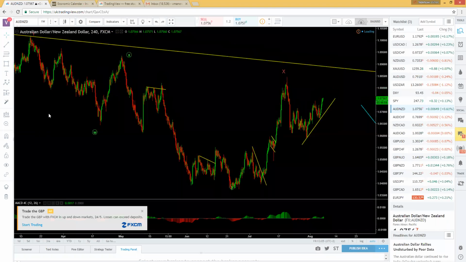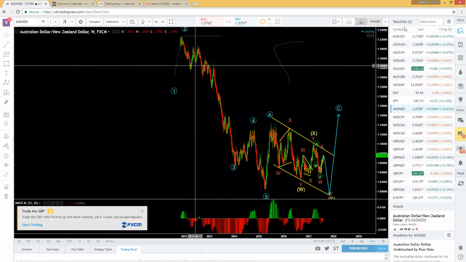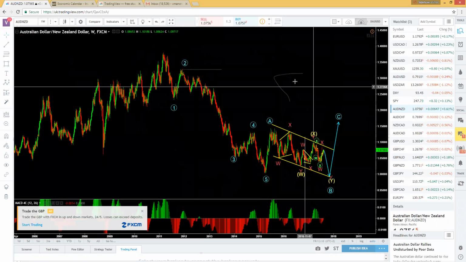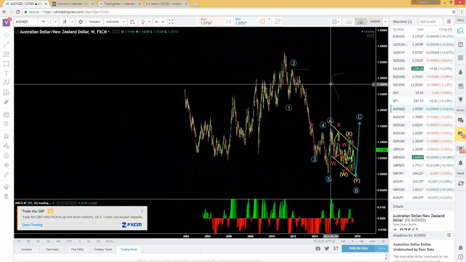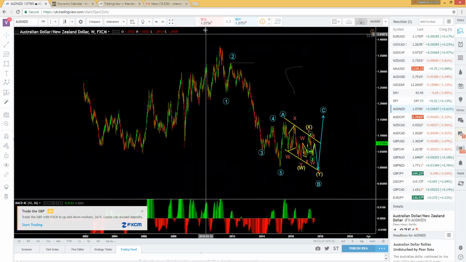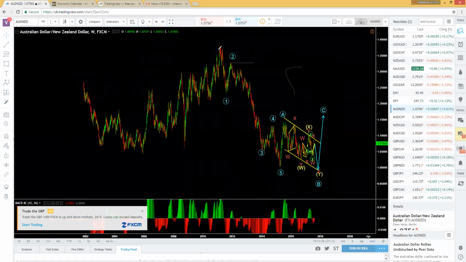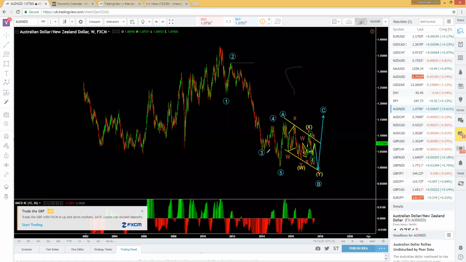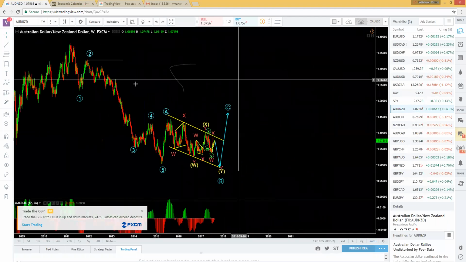Let's go to the weekly chart. So here you can see once again the impulse. This time we've labeled the impulse 1, 2, 3, 4, 5 as it complies to the rules.